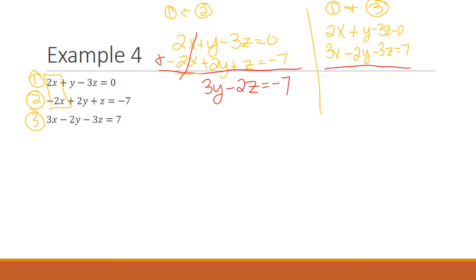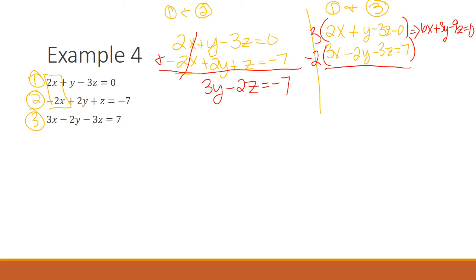So if I want to eliminate my x's, I'm going to multiply the top one by 3, the bottom one by 2, but I want one of those to be a negative. So I'm just going to make the second one negative, but you can make either one negative so that they have opposite values. So the top becomes 6x plus 3y minus 9z, and 3 times 0 is 0.